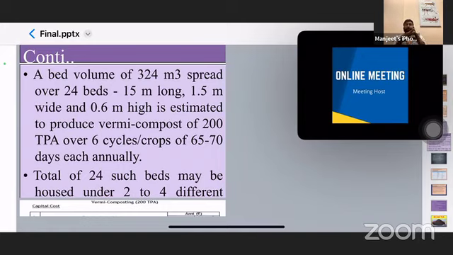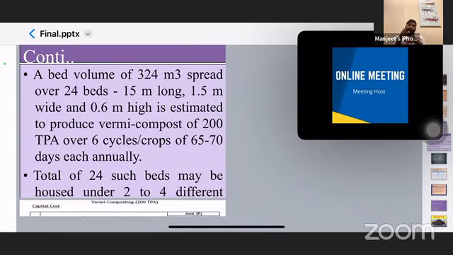Leveling the earth and filling for the vermicompost shed costs 7,500. The fencing and the gate cost about 25,000. Open shed: actually there are two types of vermicompost beds. One is the open shed, the second is the brick-lined bed bottom.